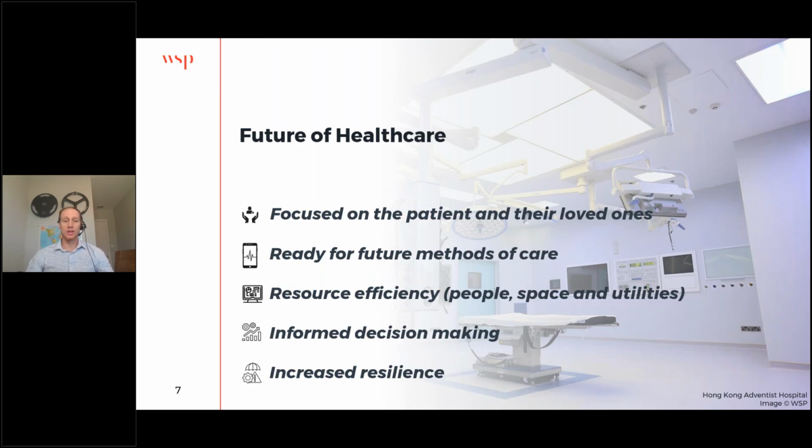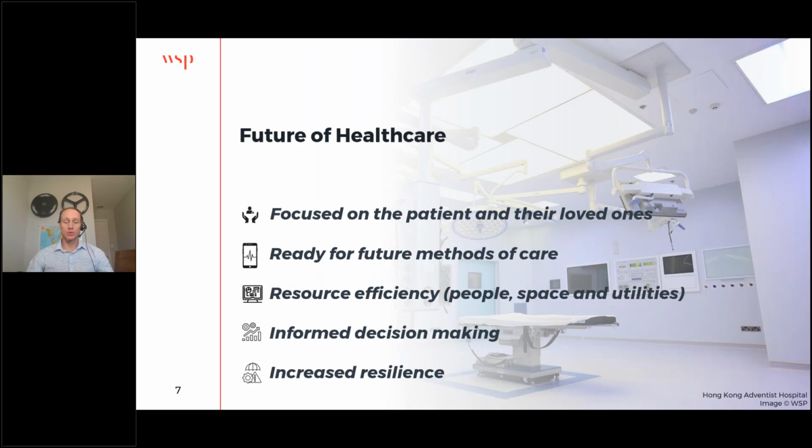We see that there is a significant revolution in methods of treatment, and I'll speak about that in a couple of slides' time. But how do we design facilities now such that they can be flexible to adopt methods of care?